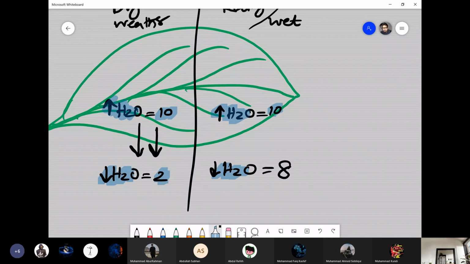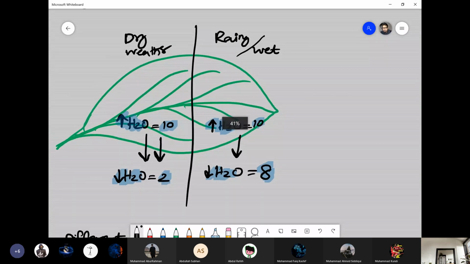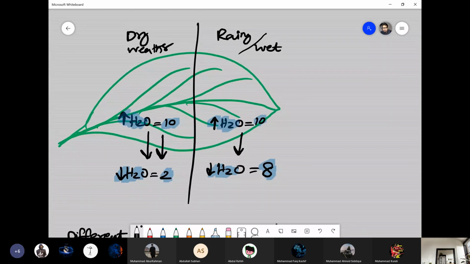So the difference of concentration between outside and inside is very less. So what will happen? Less water will come out by diffusion because the concentration gradient is less.